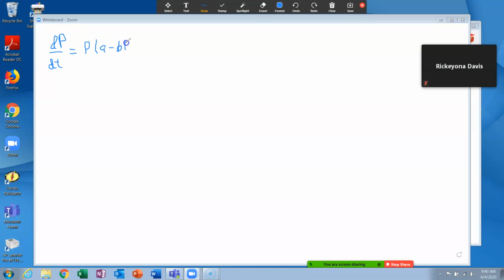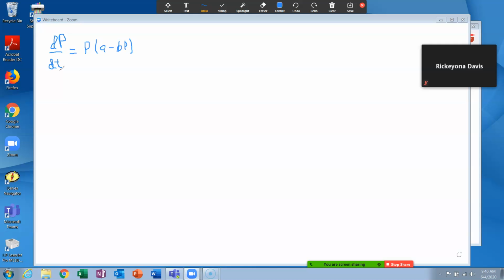Now that's not quite the same as the others we looked at, and certainly wasn't Malthus's population problem. So whatever this stands for, it's there. Now, the a and b are just constants. The p is your dependent variable, t is your independent variable. The a and b are not variables, they're just constants.